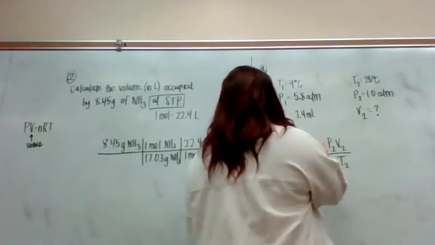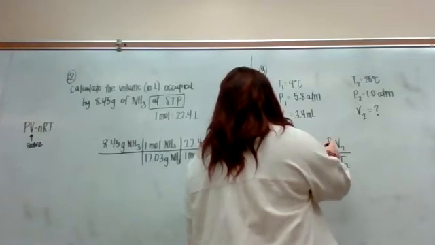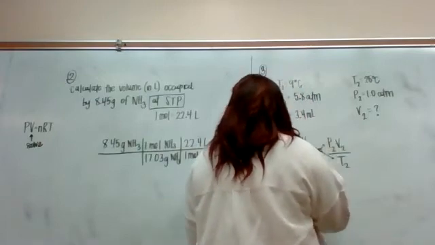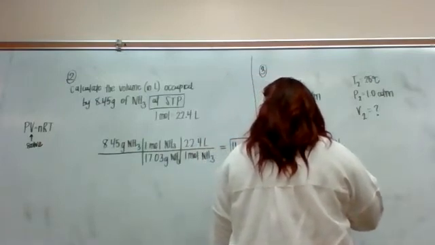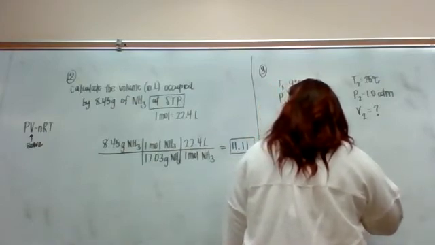Rearrange first. All I've got to do is cross multiply to get everything on the top. So it's P1, V1, T2 equals P2, V2 times T1.